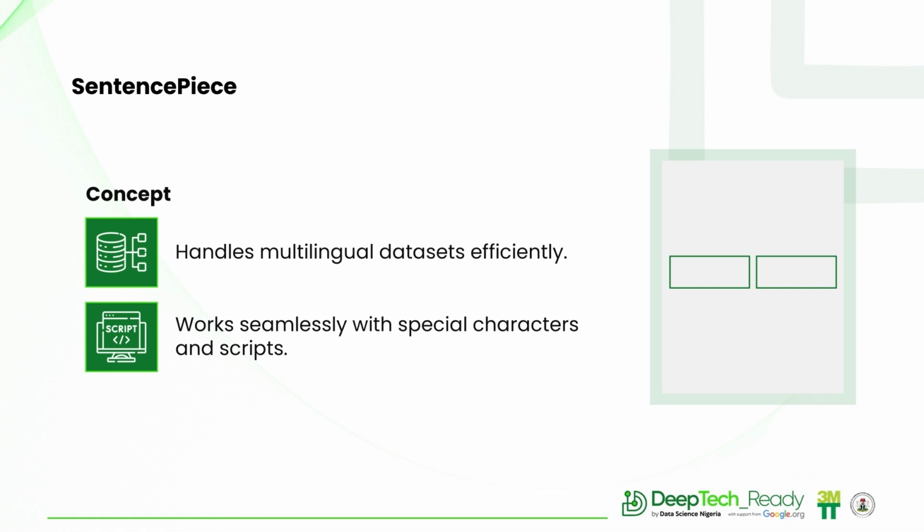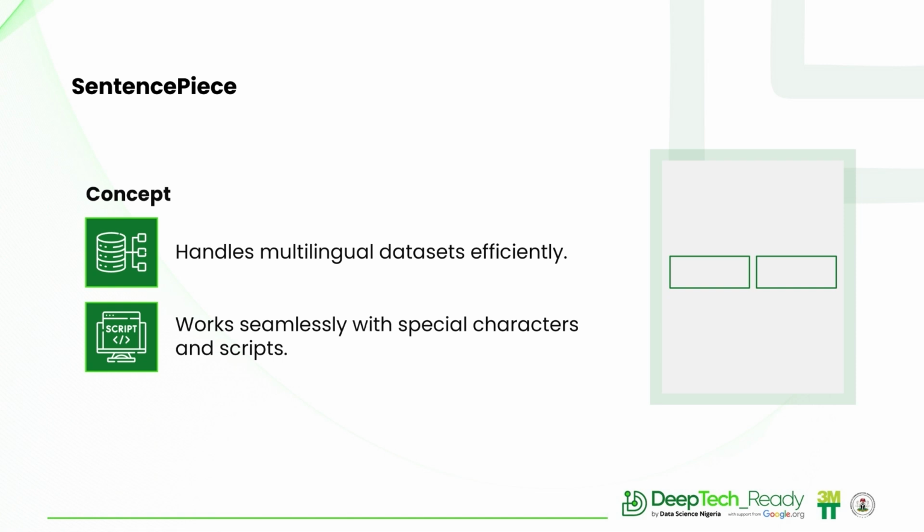This ability is crucial for tasks like translation or multilingual text generation, because in these tasks the input can vary significantly across languages and different writing systems. This flexibility helps in building more generalized models without the need for separate processing for each particular language.